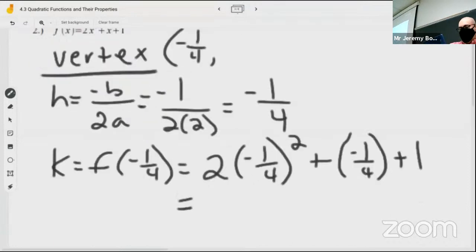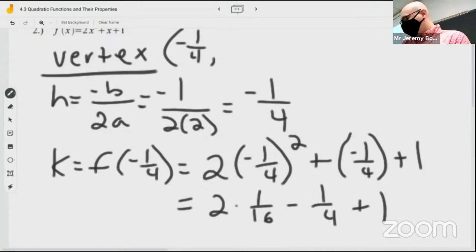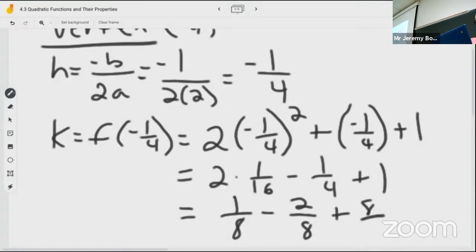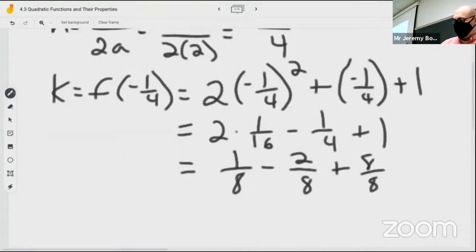And so this is going to be 2 times 1 over 16 minus 1/4 plus 1. And 2 times 1 over 16, we can make that 1 over 8. And this will be minus 2 over 8. And then let's do plus 8 over 8. That way everything is in the same denominator.